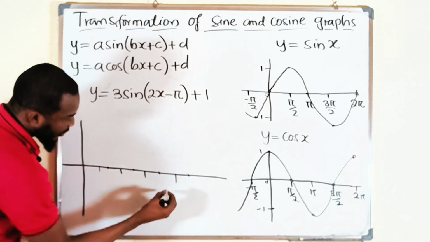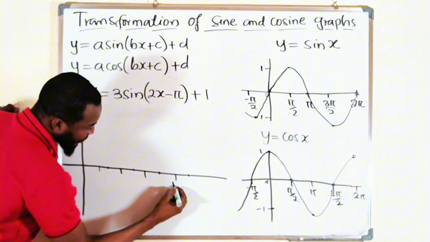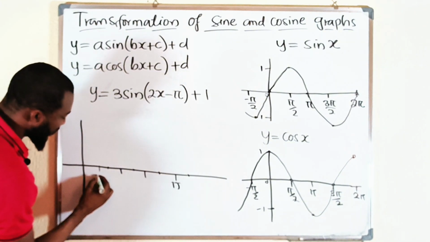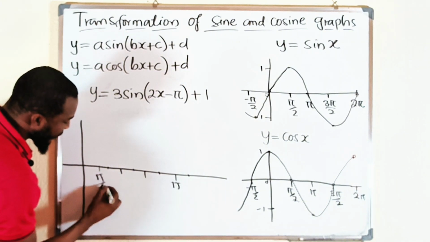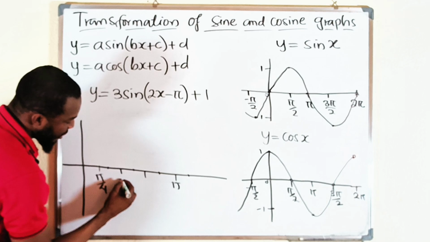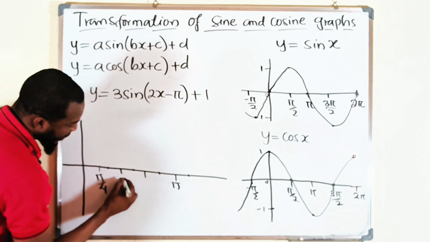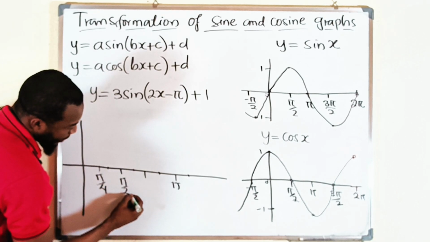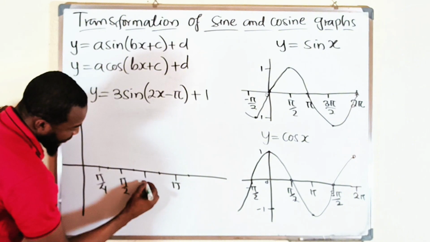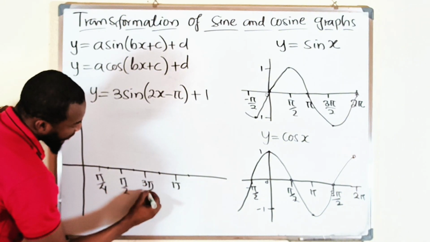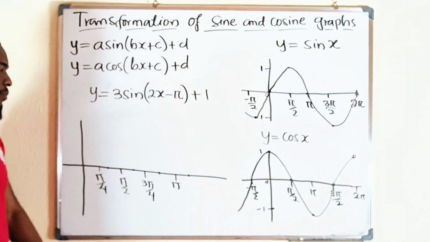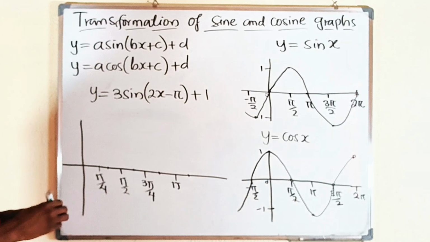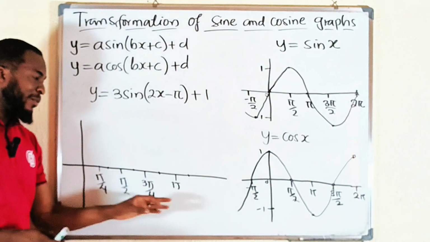So 1, 2, 3, 4, this will be our pi. Divide by 4, this will be pi. Divide by 4, this will be pi divided by 2. And this will be 3 pi divided by 4, right? Okay, so this is our period of pi.